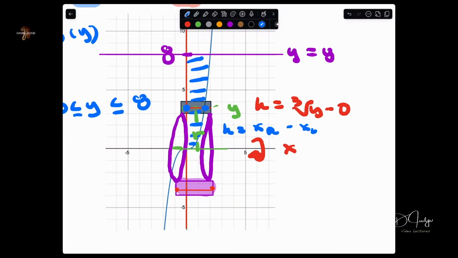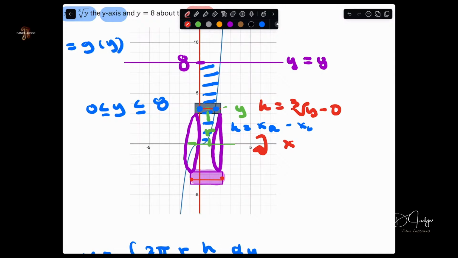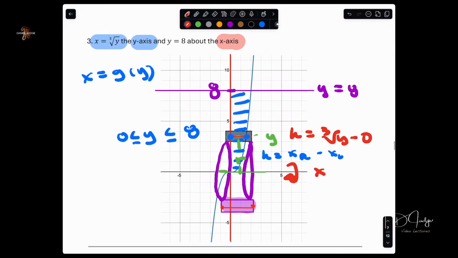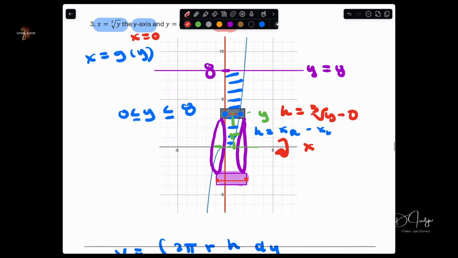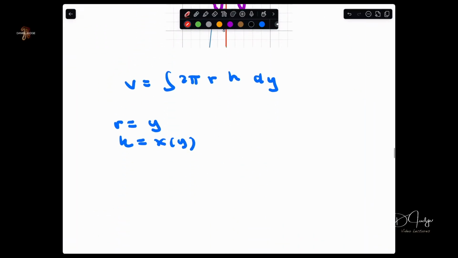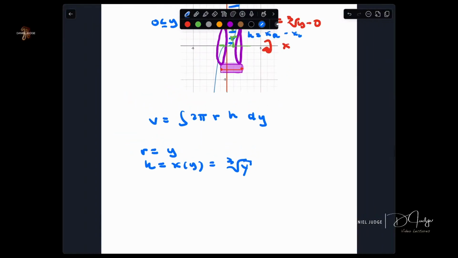Right and left, where this is the 0, because they said it's the x-axis, that's the line x is 0. So your height's going to be, like we just said, right minus the left. Now you got your height.